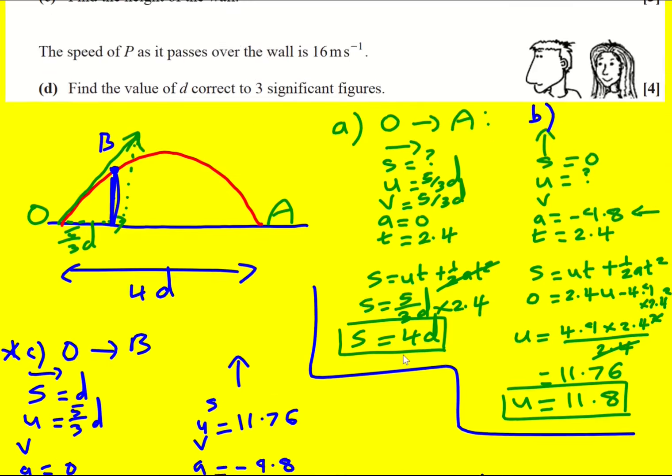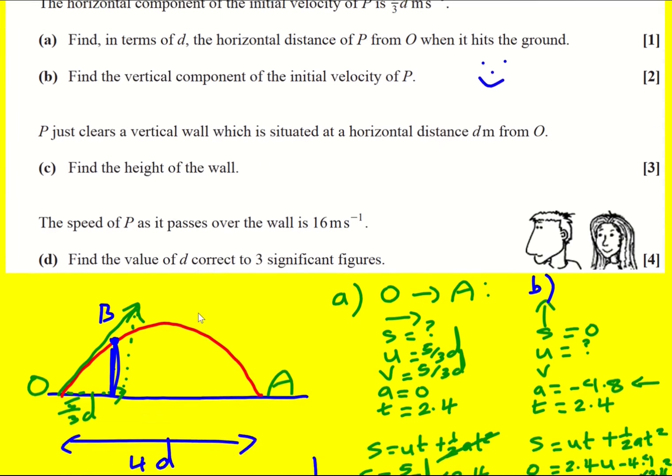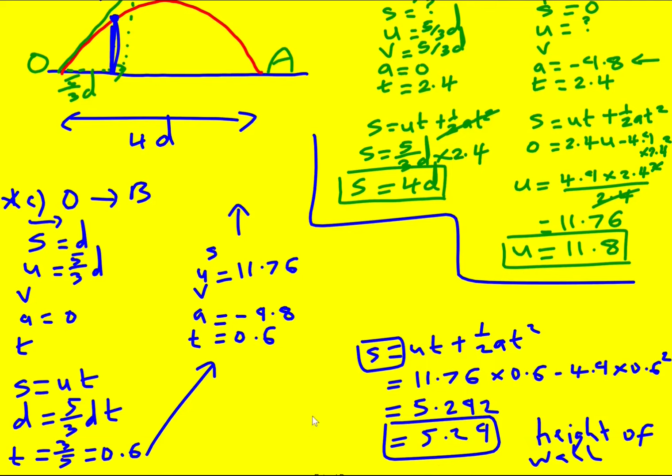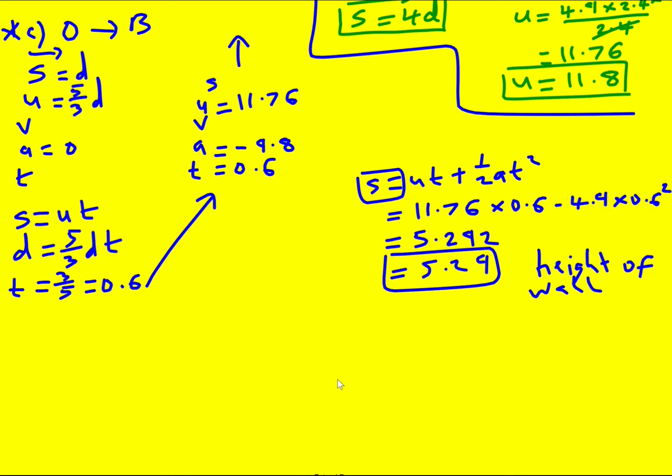Okay, brilliant. So finally, we're told that the speed of P as it passes over the wall is 16 meters per second. I'm asked to find the value of d. Basically we're still looking at O to B, but now we know the speed is 16.